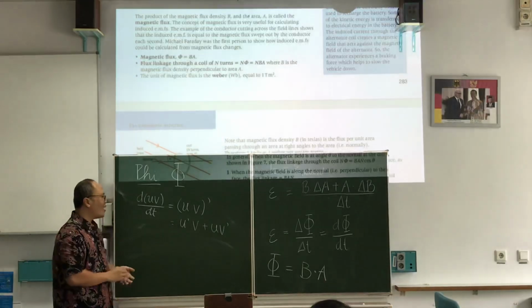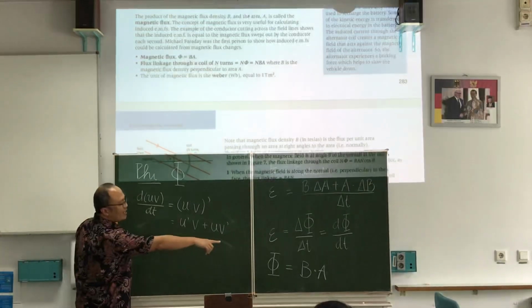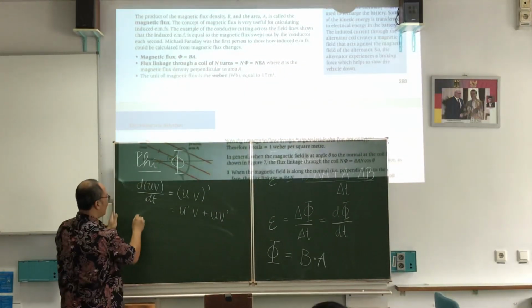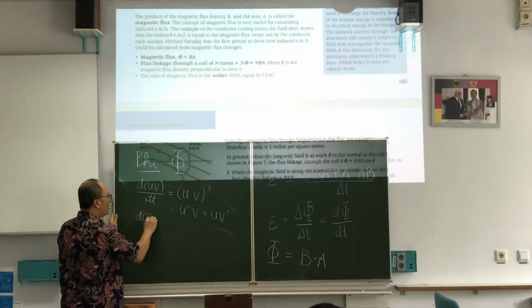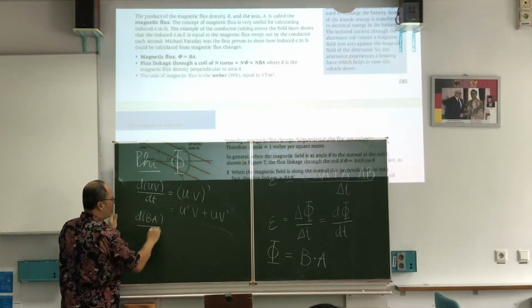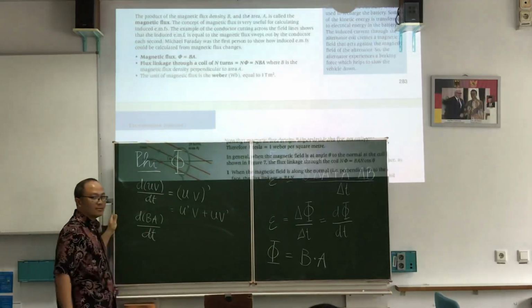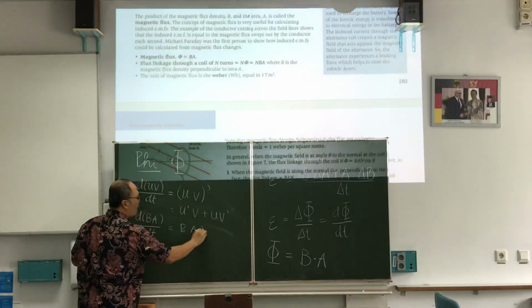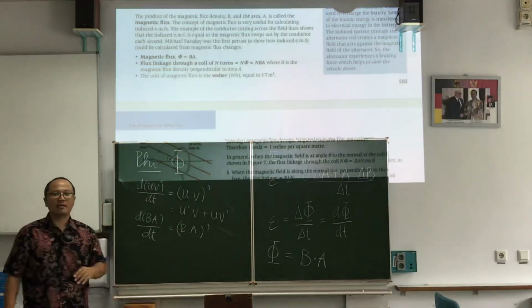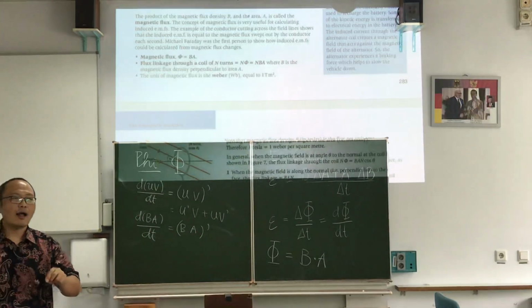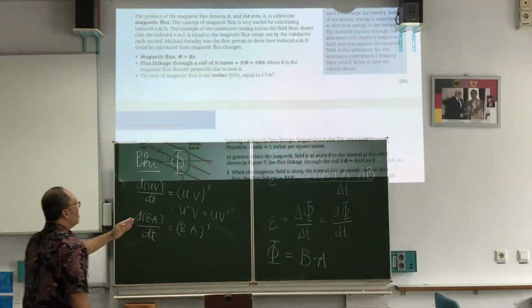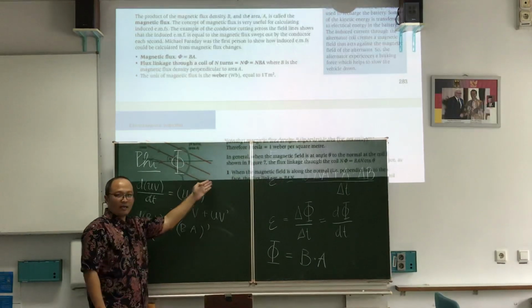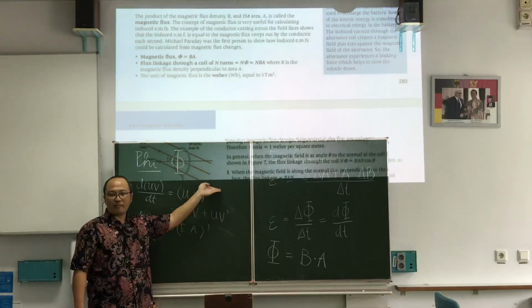Now, look at this again. d(B A)/dt. It's just basically B times A, just like U times V, differentiated. Correct? Are you with me, guys?